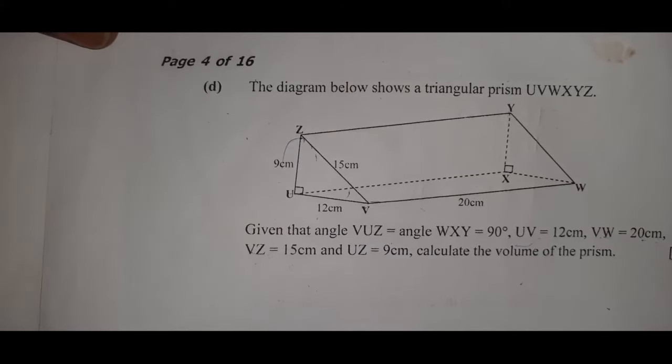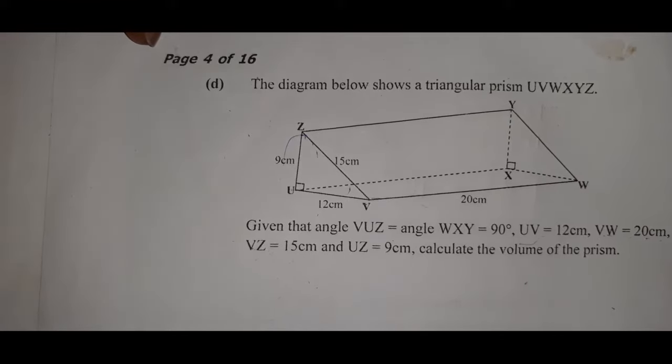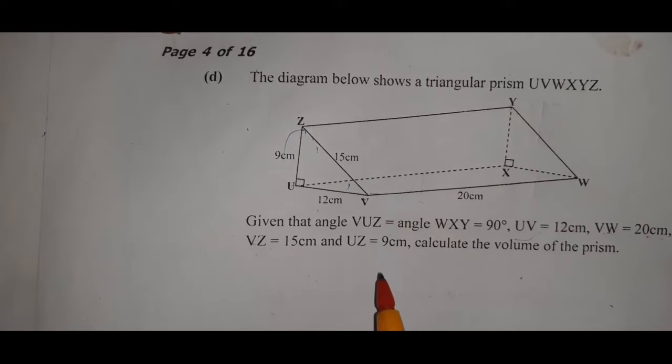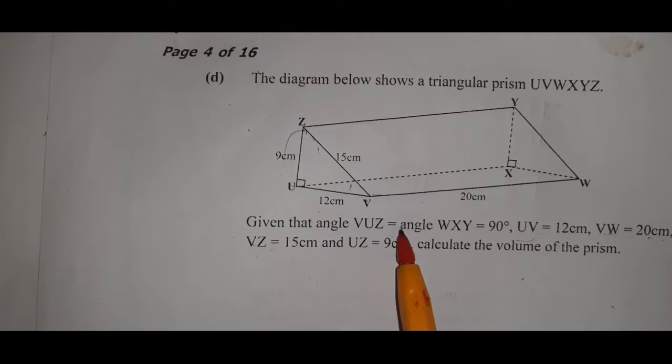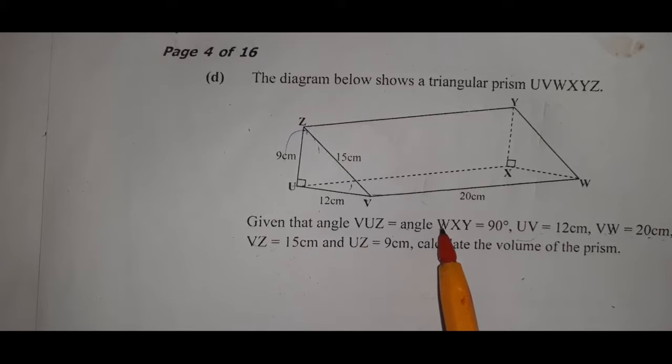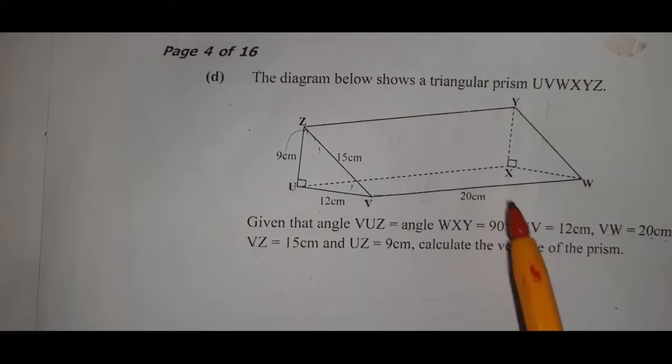So question 2D, saying the diagram below shows a triangular prism UVWXYZ. Okay, so as we can see it here, and given that angle VUZ is equal to angle WXY, which is equals to 90 degrees, this and that.